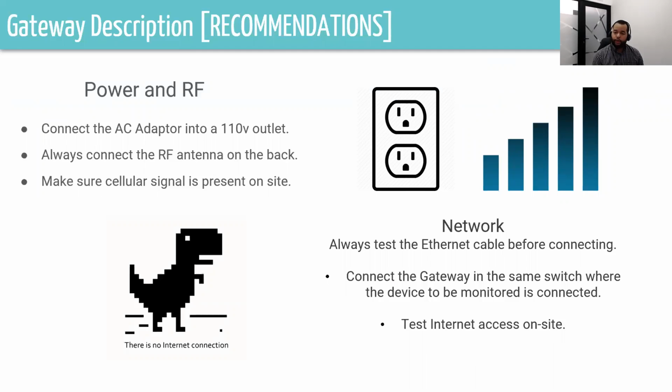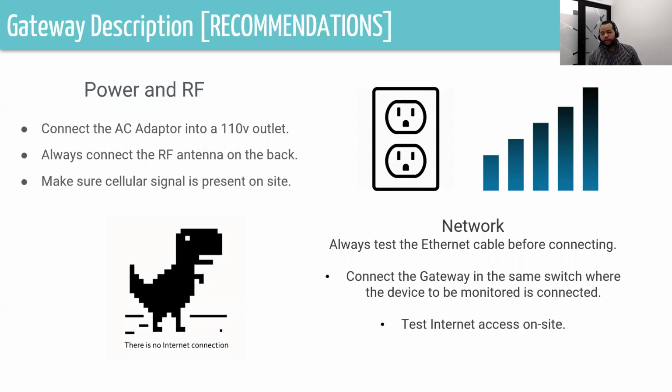So it is very important that you verify that on the site or on the room that you're going to install the appliance, you have at least 3 out of 5 bars of cellular signal from the carrier that you intend to use. In case that you want to use the embedded modem, we support multi-carriers. So any carrier with at least 3 out of 5 bars will do it.